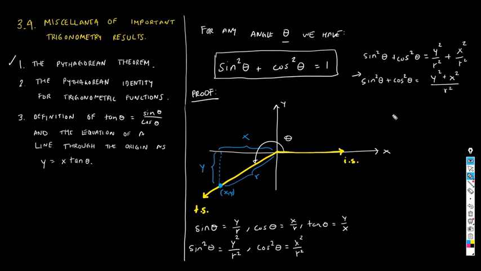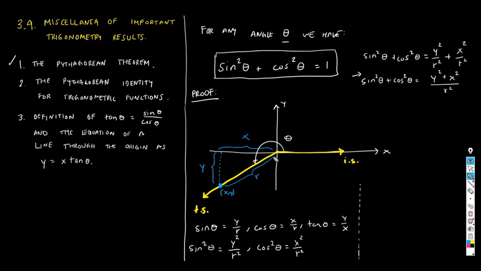Now you may be thinking, how do I get the 1 on the left side? How is this equal to 1? If this is true, then somehow this should be true. By some process, I should get that y squared plus x squared over r squared is equal to 1. And the process to find that is the following.